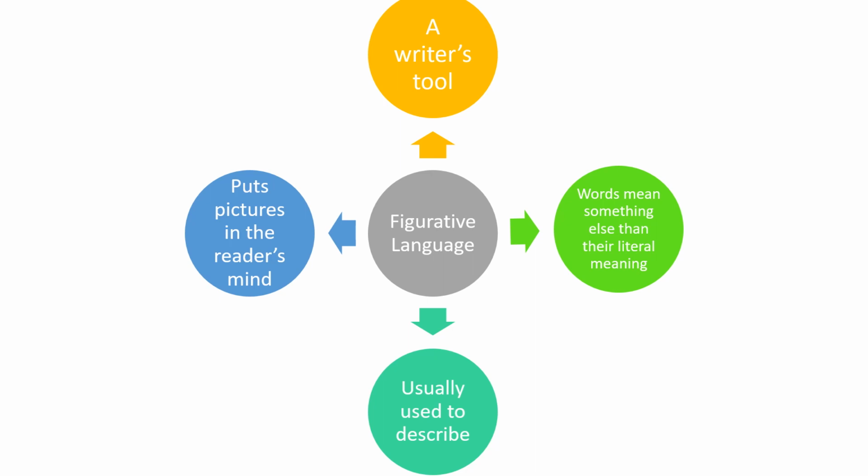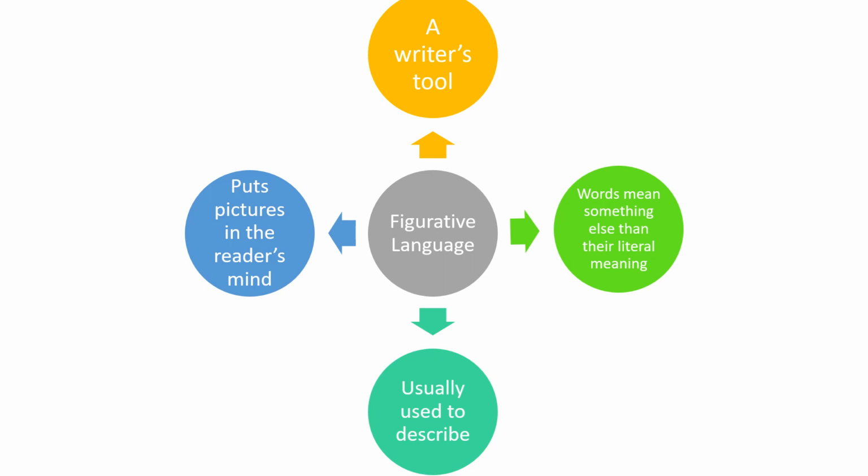It paints a picture instead of being simply boring without any meaning. So we usually use figurative language to describe something. And of course, the words in figurative language mean something other than their literal meaning. So we don't read word for word.